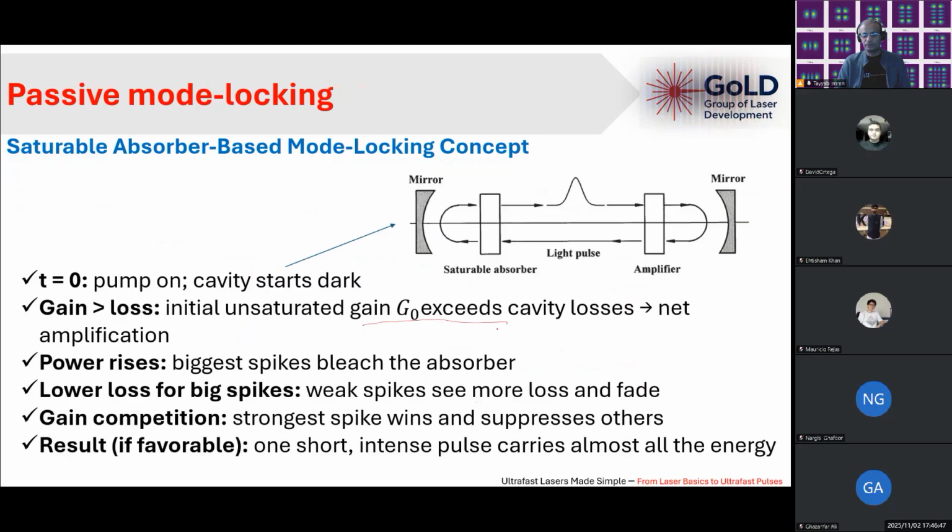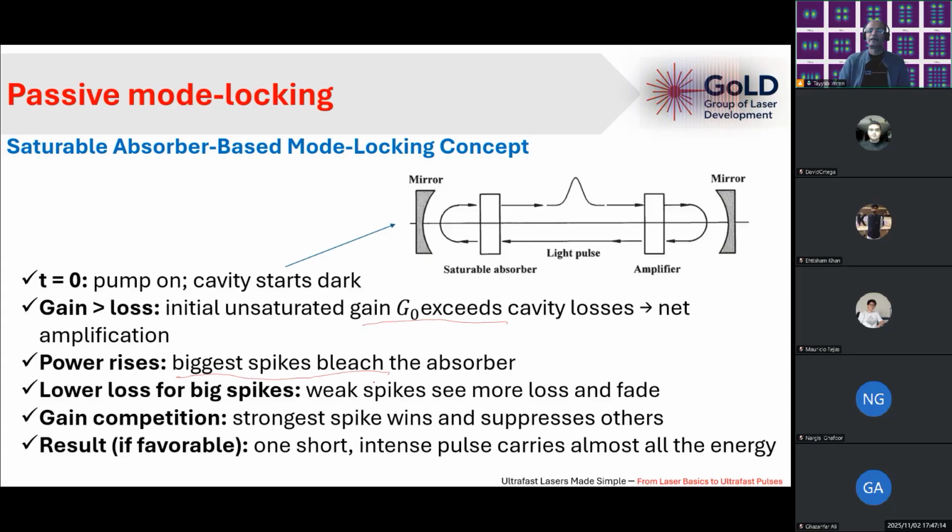The power rises and spikes to very high intensity, the absorber becomes transparent, and you get the peak at the output. Losses are much less because we are getting something at the output.